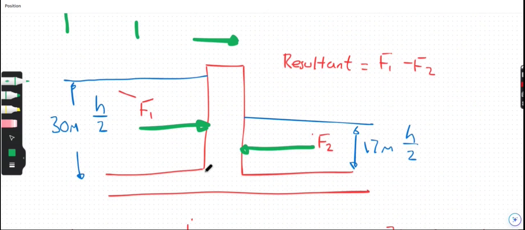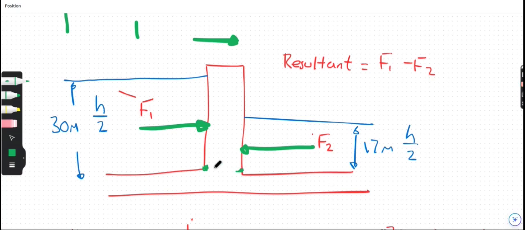F1 has got a force, it's also got a distance, so it's going to try and push this wall clockwise, and F2 is going to try and turn it anti-clockwise, right? Moments we've done before. So we've got F1 trying to push it round, like the base is the base of the dam or the gate, that's the pivot point.